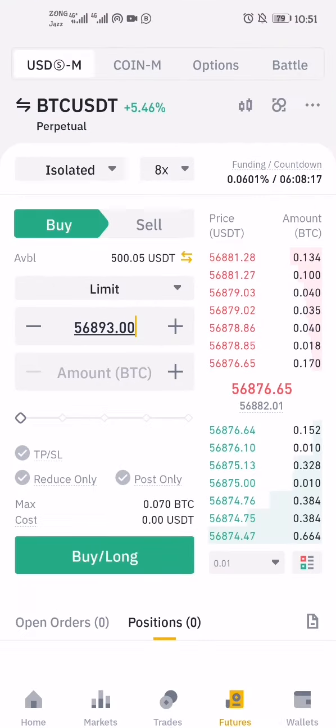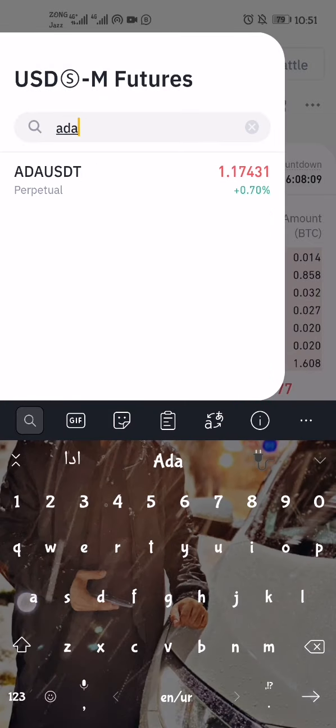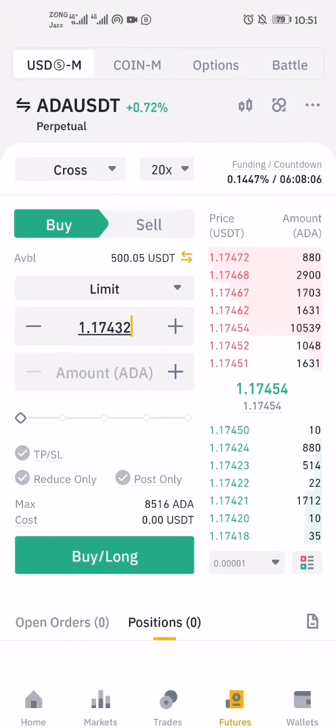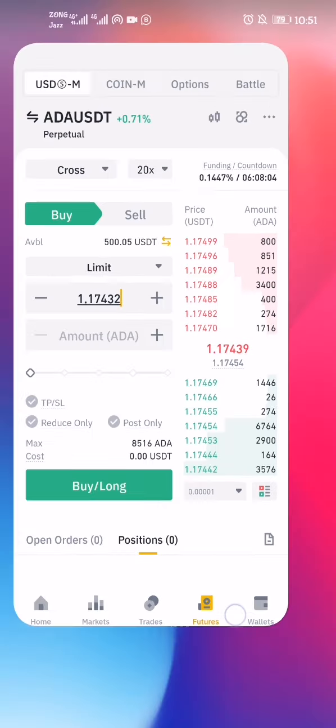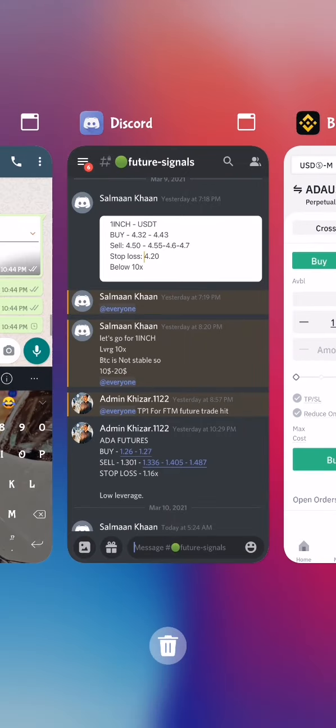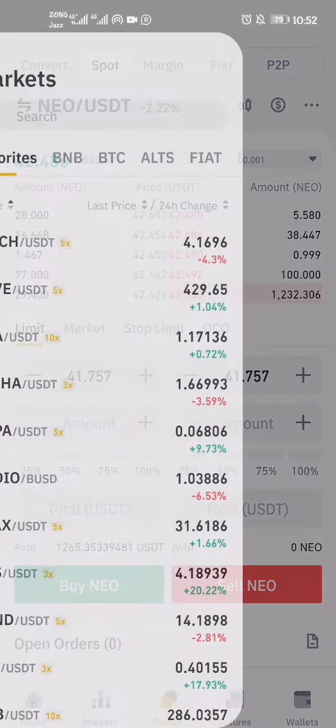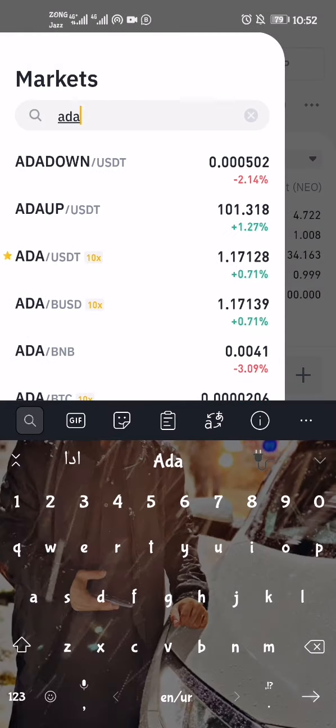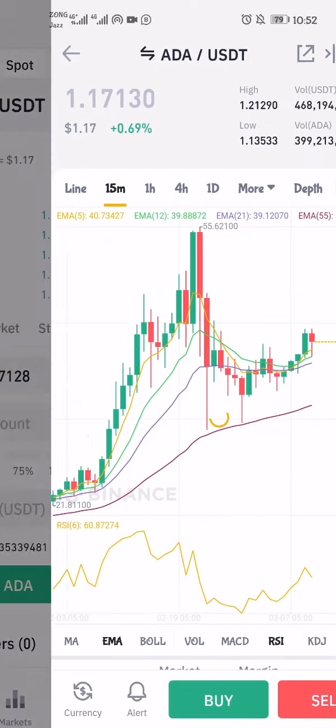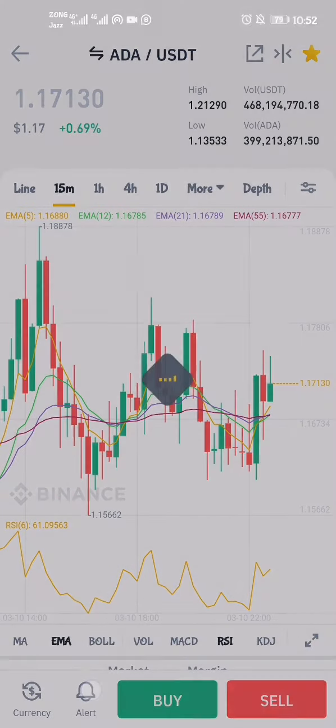Okay, so we come here, ADA. Now the current price of ADA is 1.17, but what's the entry price? It's 1.26. So you have to wait till 1.26. For that, you can put an alert in your application.